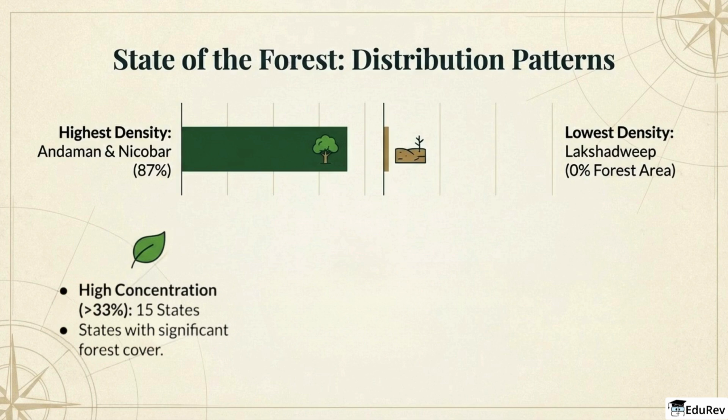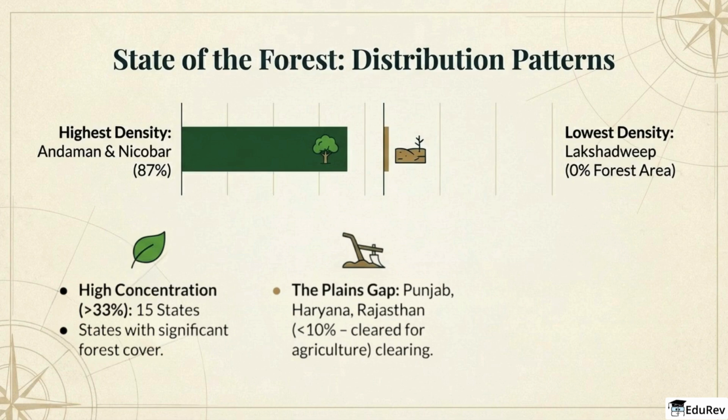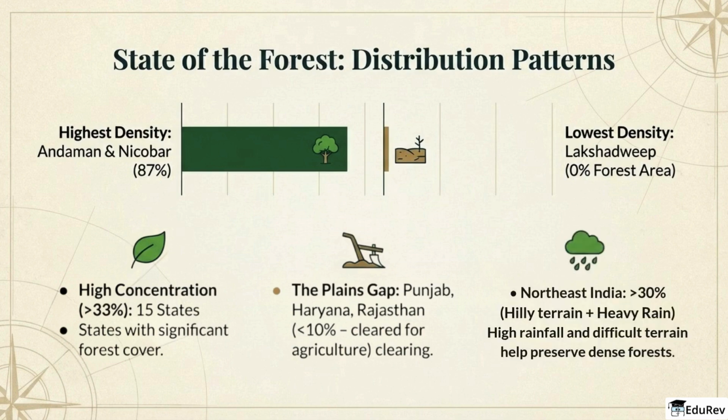At the other end, you have what the slide calls the Plains Gap, especially Punjab, Haryana, and Rajasthan, where forest share is below 10%, largely because land has been heavily cleared for agriculture. And then there is the Northeast, where many states are above 30%, helped by hilly terrain and heavy rainfall. This is the correct way to read India's forest pattern, not as one national number, but as a strong contrast between islands, hills, plains, and the Northeast.